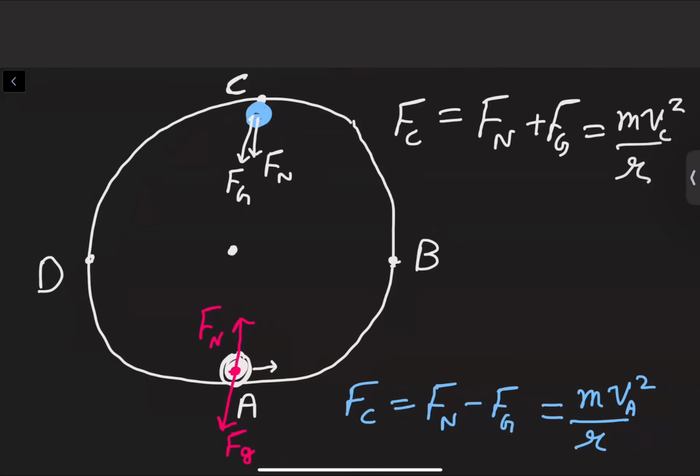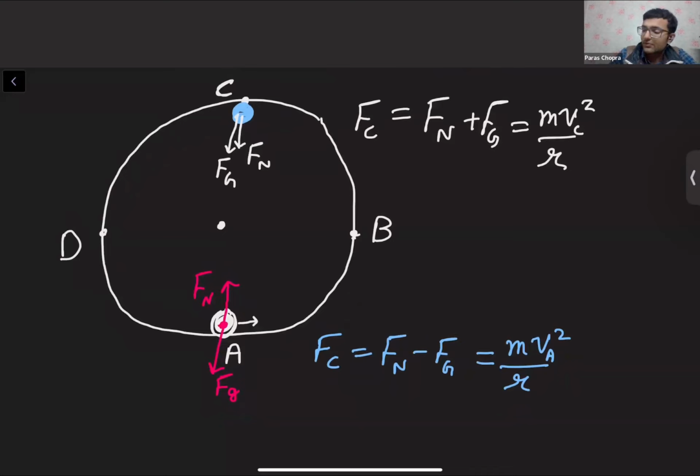Sometimes they ask a question like, what should be the minimum velocity at A so that the ball is able to do the complete circle? The question is, what should be the minimum velocity at A if the ball is able to complete the full circle on the loop?